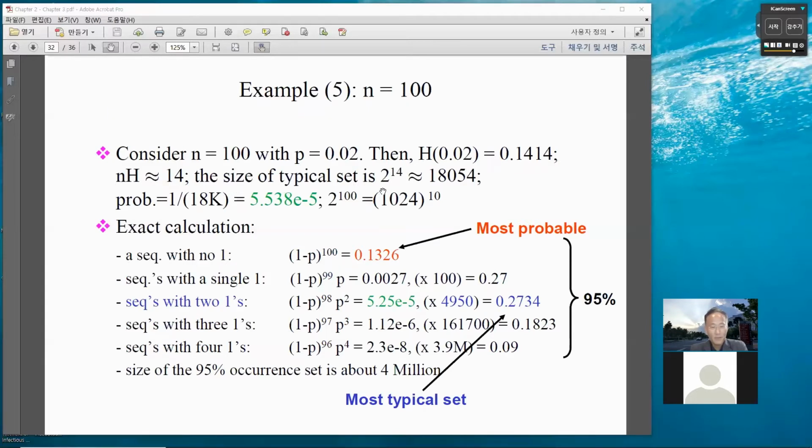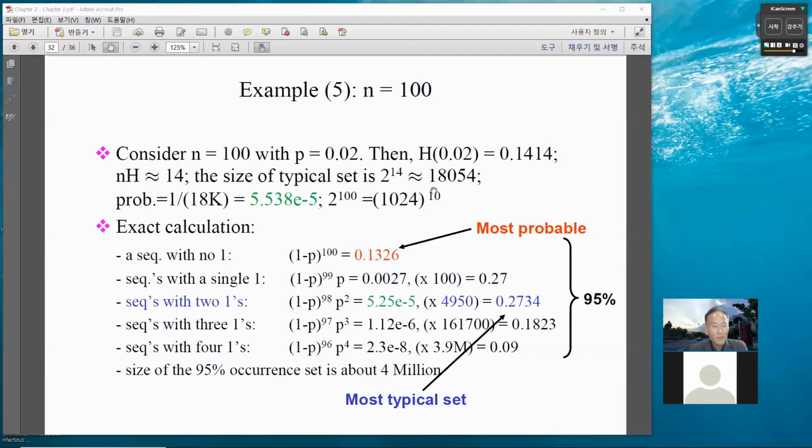The size of the typical set should be 2 to the power of 14, which is this, 18,000. And the probability is 1 over 18,000, which is on the order of 10 to the -5, right? And comparing with this one, which is like 10 to the third, so it's 10 to the 30th power.